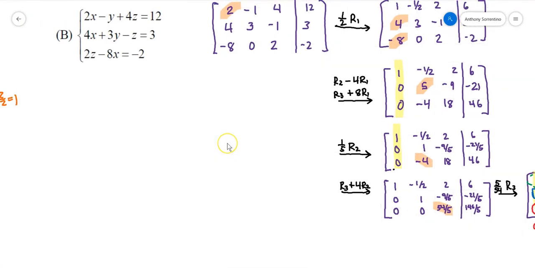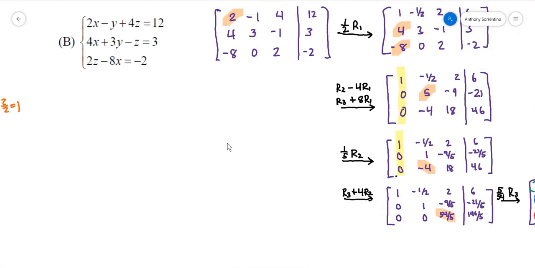So I opted just to say, okay, well, 2 times z, which we established already to be 73 over 27, minus 8x equals a negative 2. Negative 8x equals negative 2 minus 2 times 73 over 27, which is a negative 200 over 27.